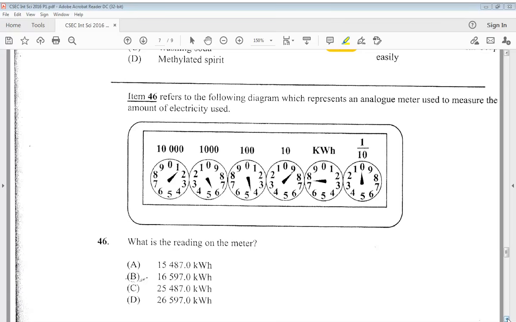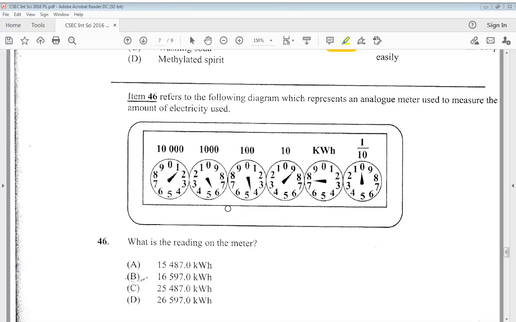So we can tell that our first digit is 1, and then we have, what do we have next? 5.